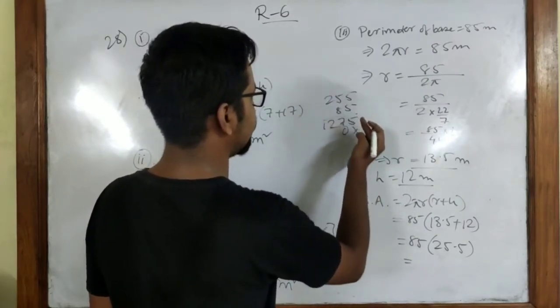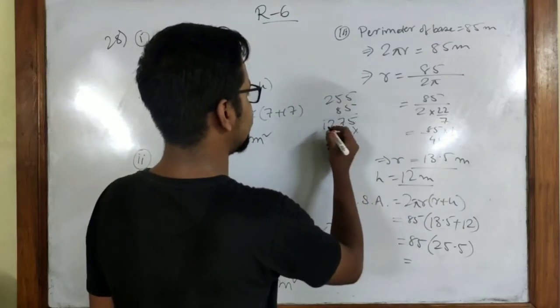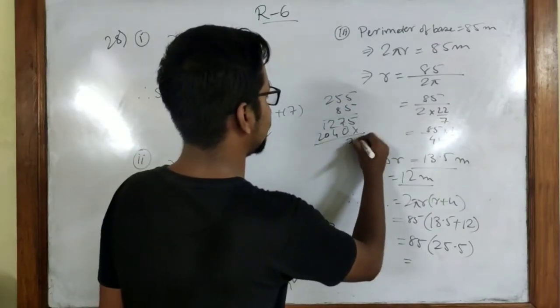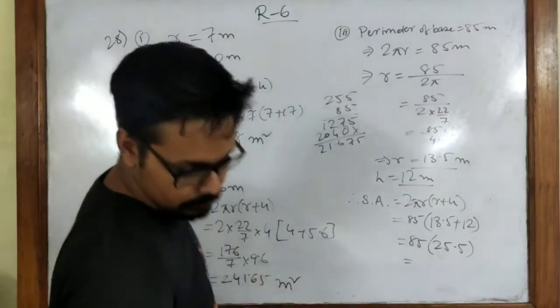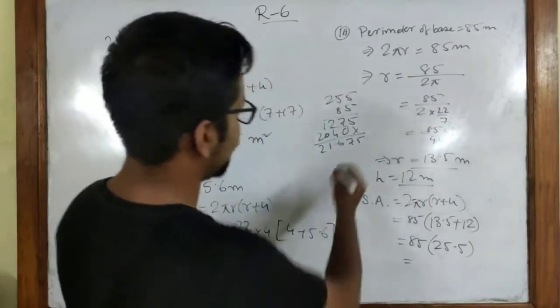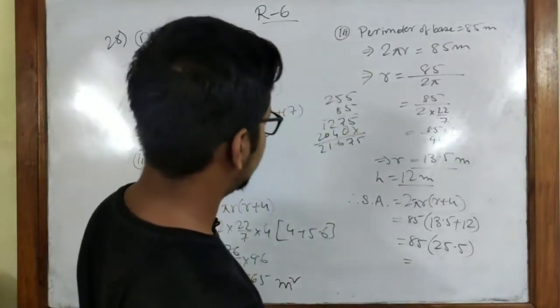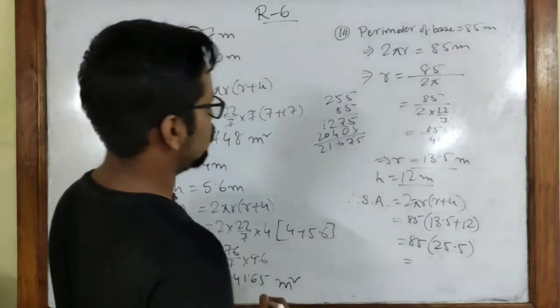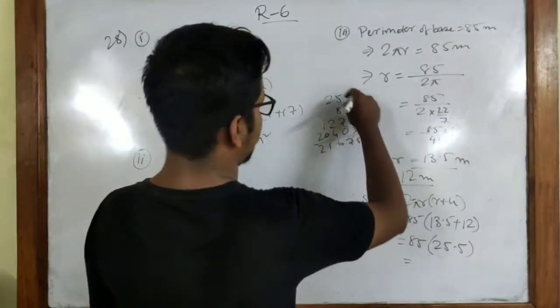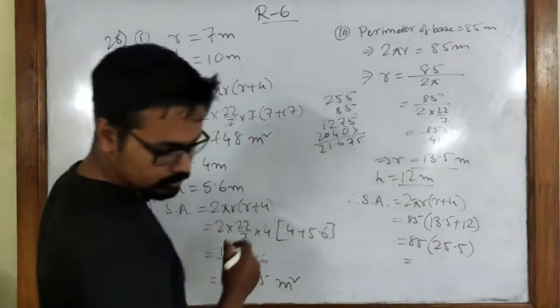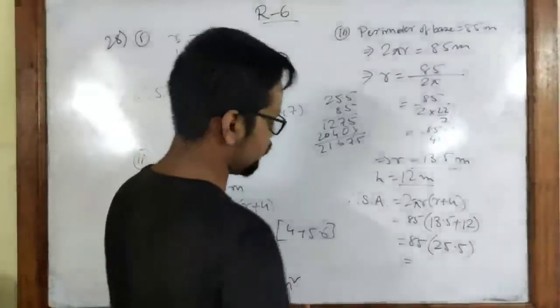So we have 7, 5, 6, 1, 2. Here it comes out to be 2167.5.